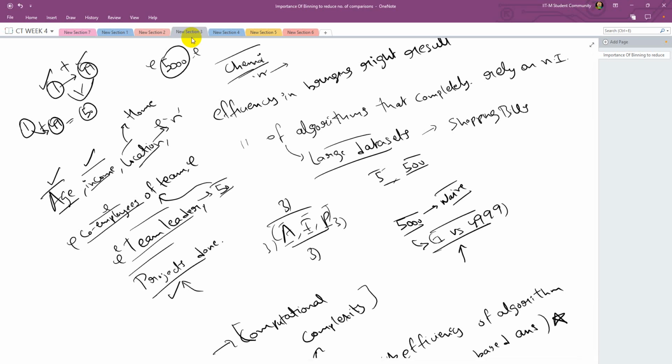Think that he lives in a gated community, so there is a high probability of other employees living in the same gated community. In that way we might not get 5000, but we might get some 3500, which is again a large data set. So this is how location is not taken. So this is how we are being helped with data cleaning by using binning.